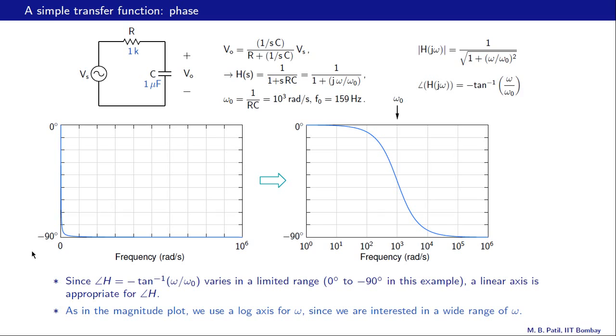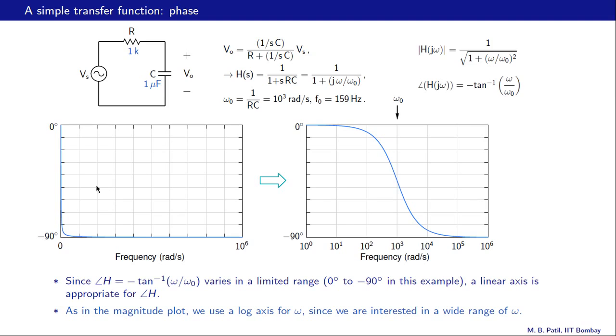Let us now talk about the phase of h as a function of omega. And if you recall, this is the relationship. Angle of h, or the phase of h, is minus tan inverse omega by omega 0. And omega 0 for our example is 10 raised to 3 radians per second.